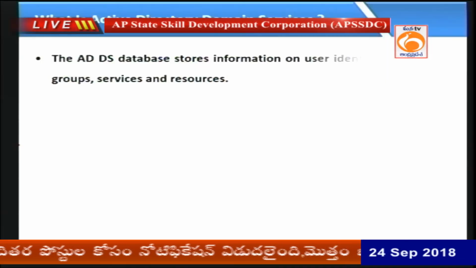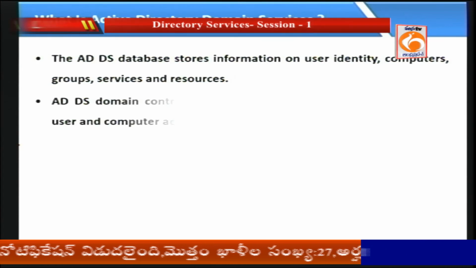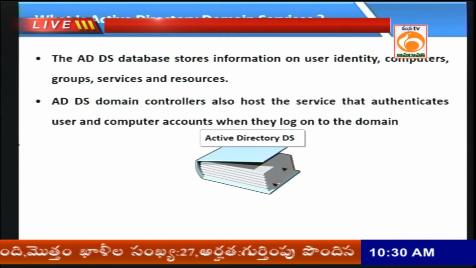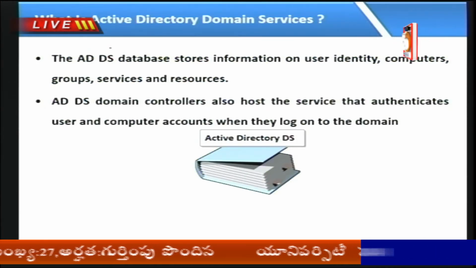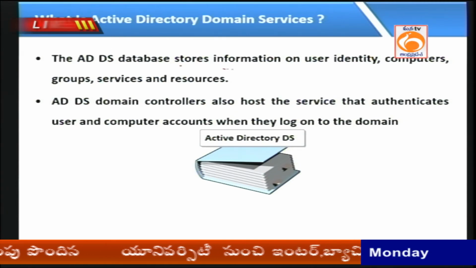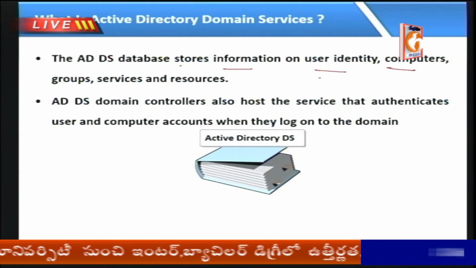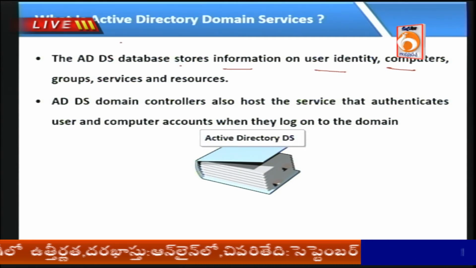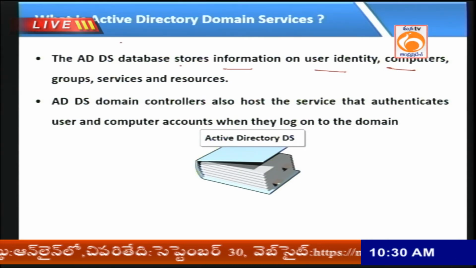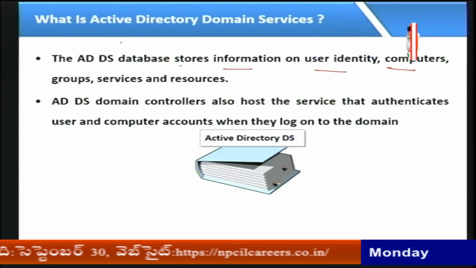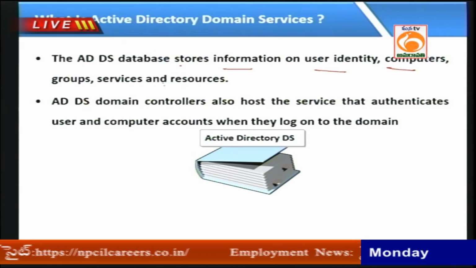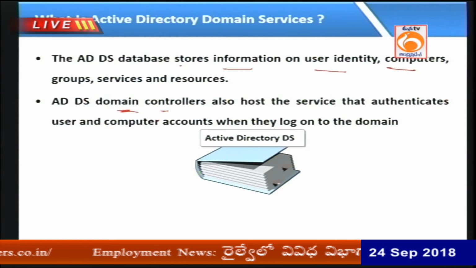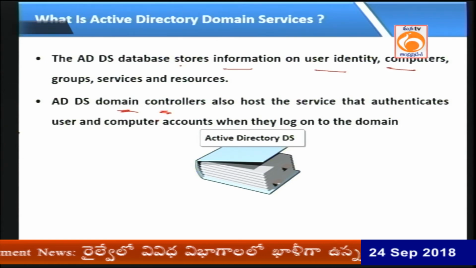Just go back to the slide once. So, you can see the definition of Active Directory. Active Directory stores information about users, computers, groups, all your network resources you want to store in one place. We need this service called Active Directory. And the computer where Active Directory is configured, that computer we call a domain controller.